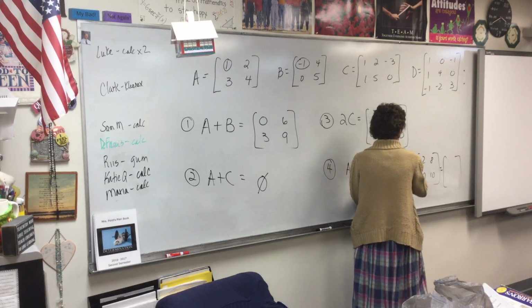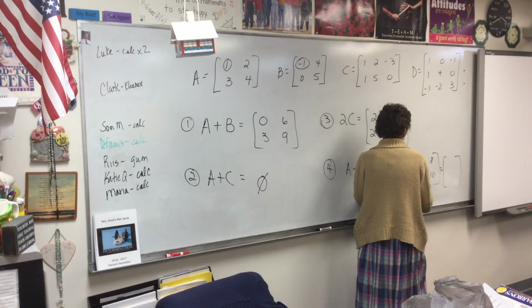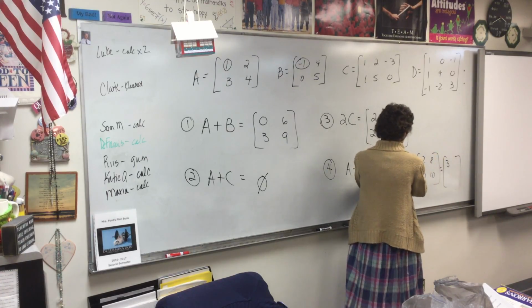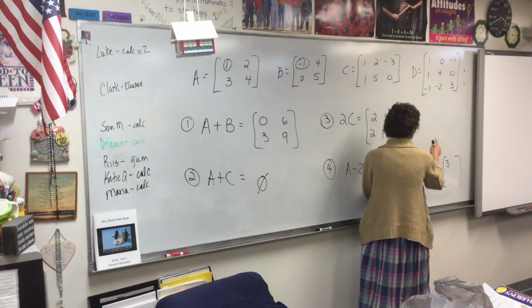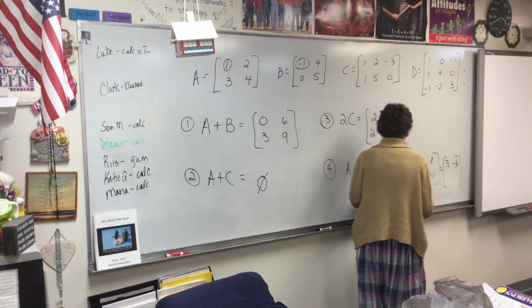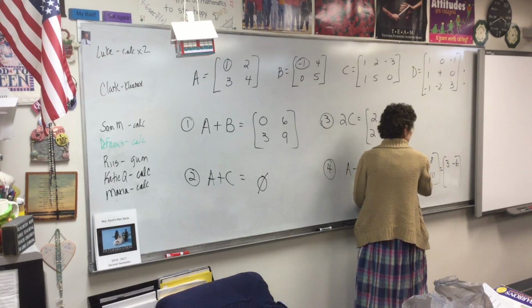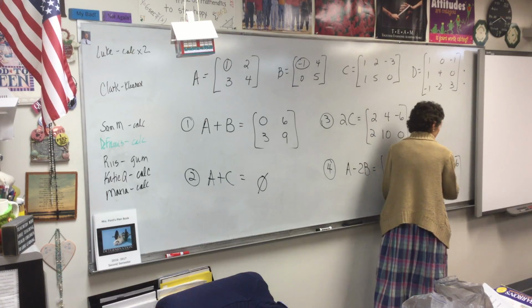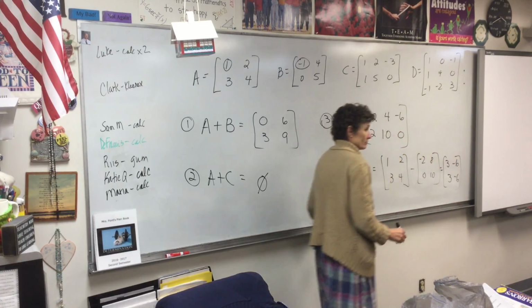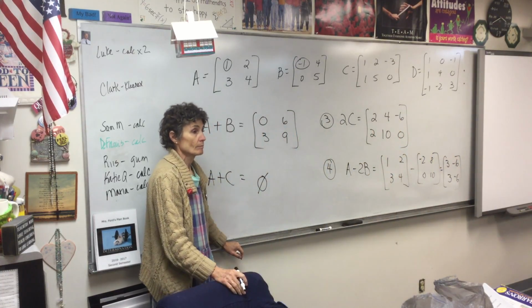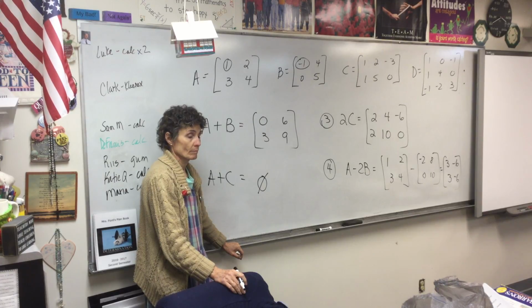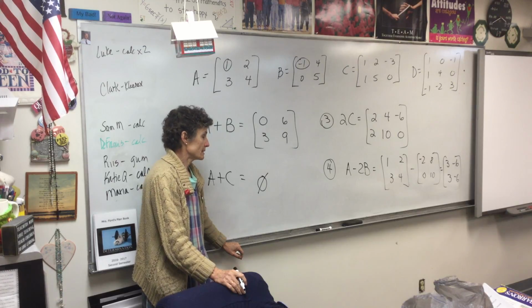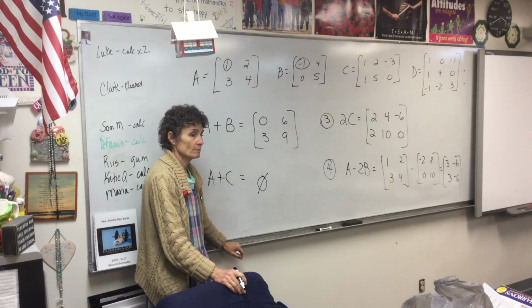So 1 minus -2, 3. 2 minus 8. 3 minus 0. 4 minus 10. A lot to keep track of if you don't, so.